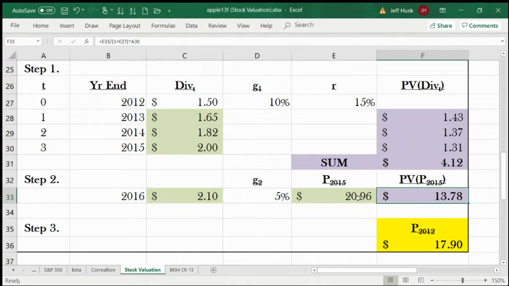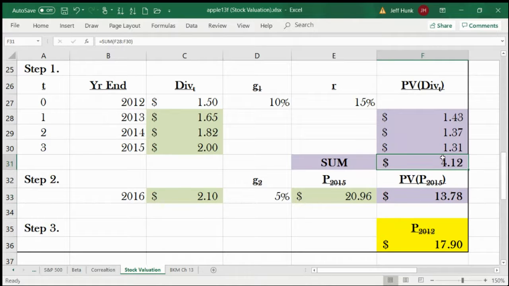Then we get the value of this stock as at the end of 2012 is this 13.78. But it's not only that. This is only the present value of all the cash flows beyond 2015. What about the cash flows between now and the end of 2015?